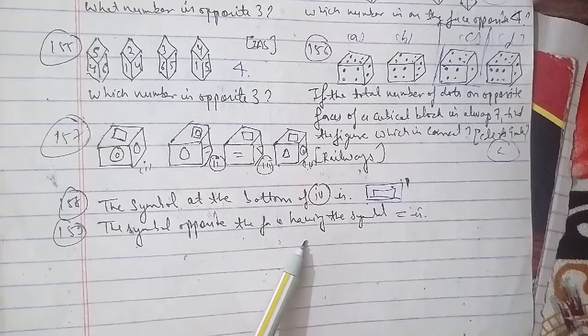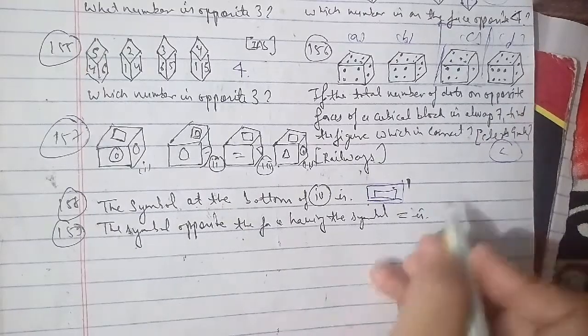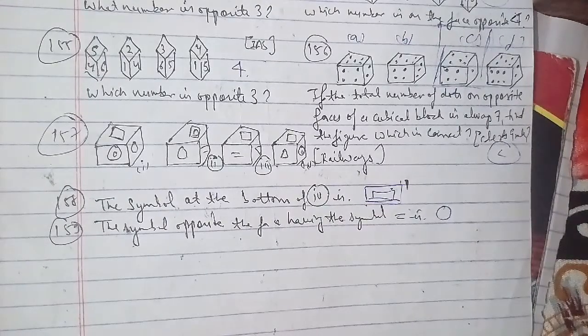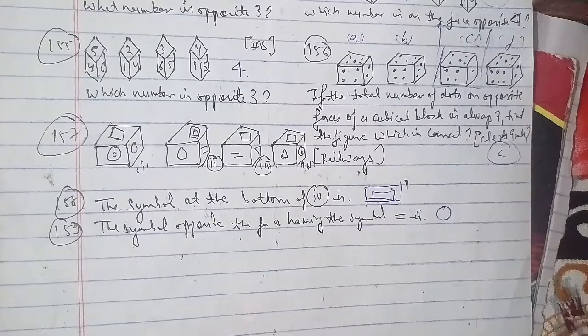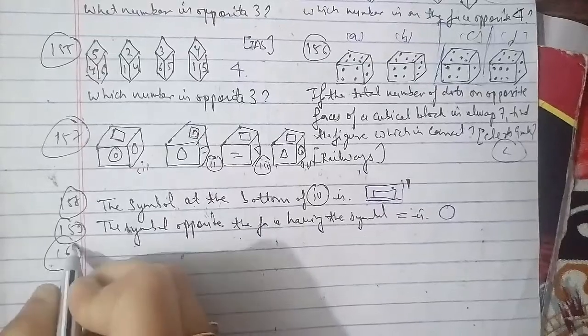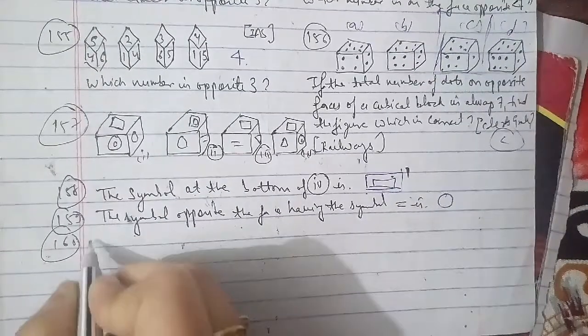For figures second, third and fourth, it follows that the symbols rectangle, equal and circle lie adjacent to triangle. So one of the symbols circle or rectangle can lie opposite to triangle, but rectangle lies opposite to rectangle. So circle lies opposite to triangle here. The circle will be the right answer for this particular question as well.